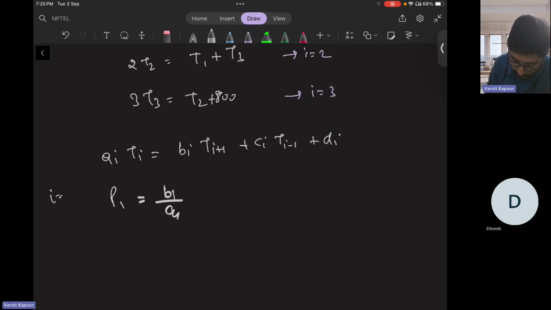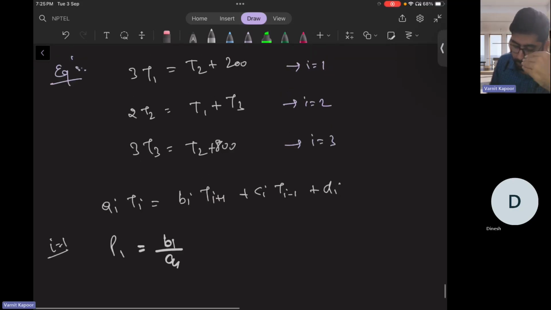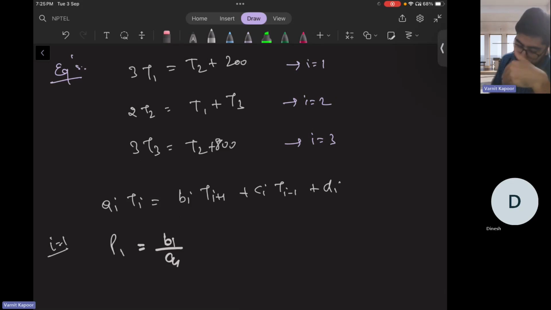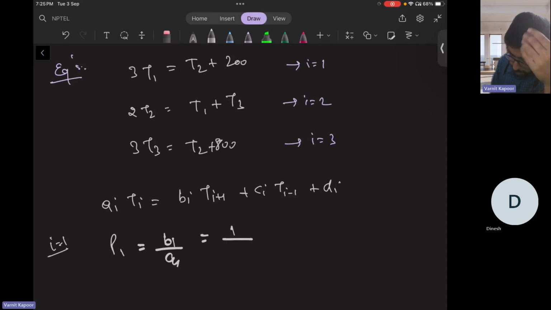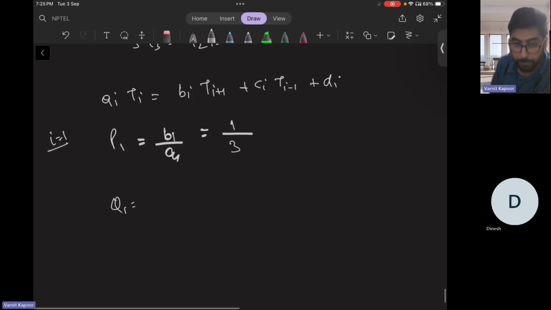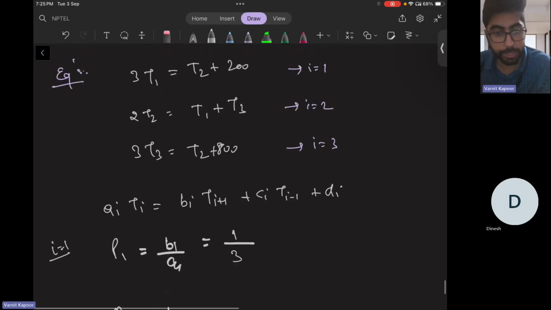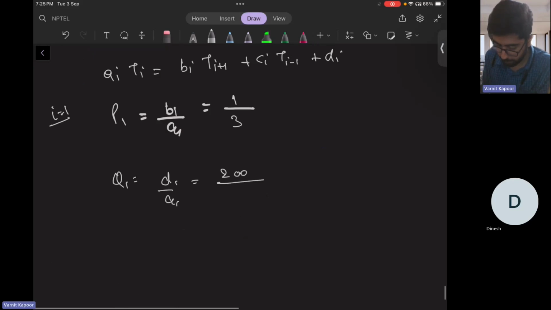Then i is equal to 1 here. So P1, the first step for Thomas algorithm, B1 is the coefficient of the next. So if you are finding T1, the coefficient of this is 1. 1 over A1 is how much? 1 over 3. And Q1 was D1 over A1. So D1 is 200 here, the constant value from the i is equal to 1 equation, and A1 is 3, so 200 over 3.